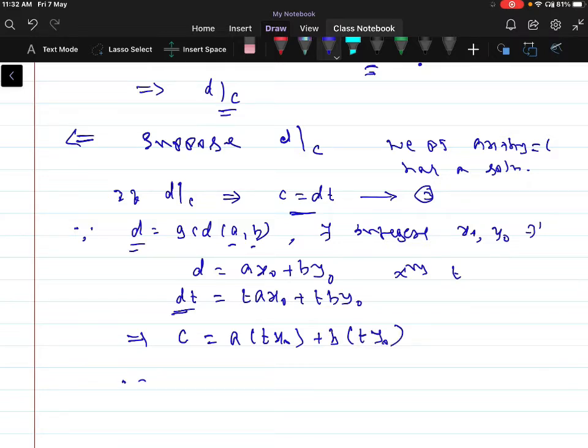Therefore x is equal to t into x naught and y is equal to t into y naught is a solution of the Diophantine equation ax plus by is equal to c.